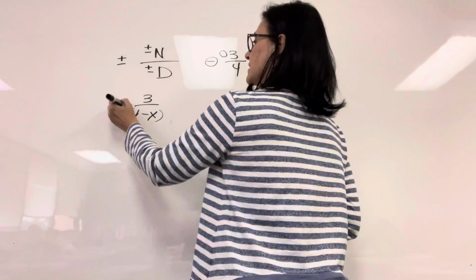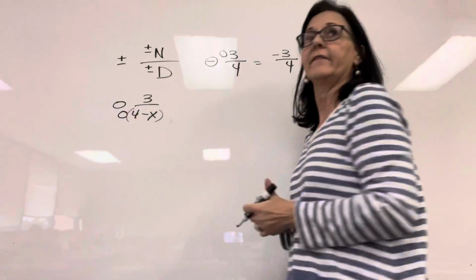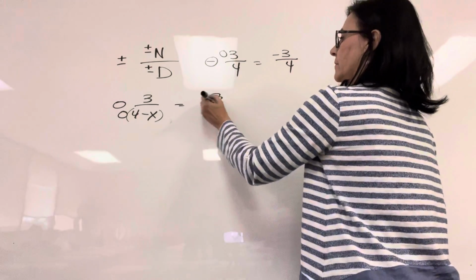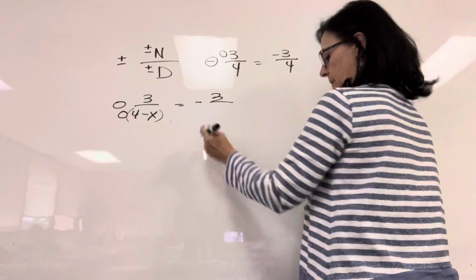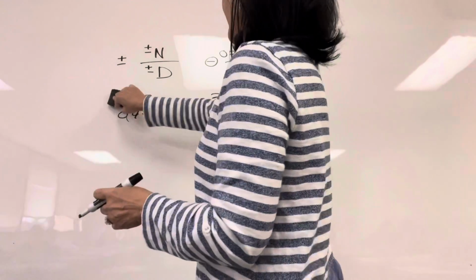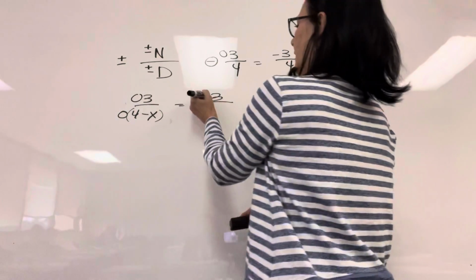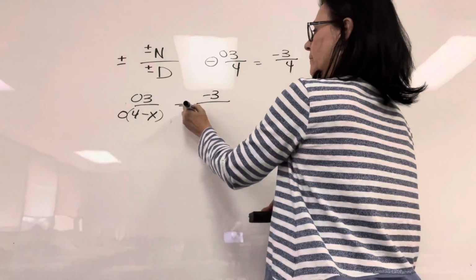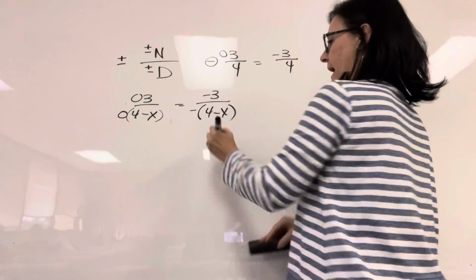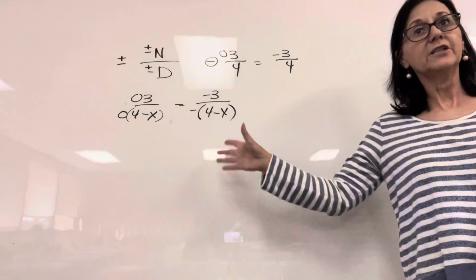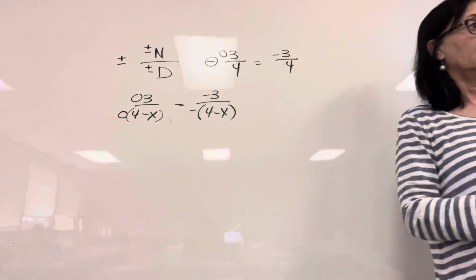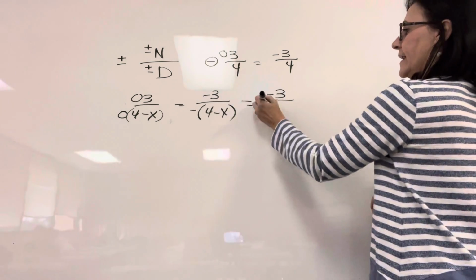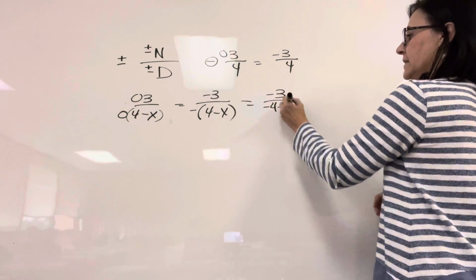I'm going to change the sign in the numerator, making that a negative 3. I'm going to make that a negative 4 minus x. I'm changing the sign of the entire value of that denominator. When I distribute that negative, it becomes negative 4 plus x.